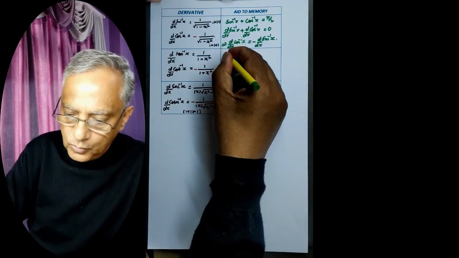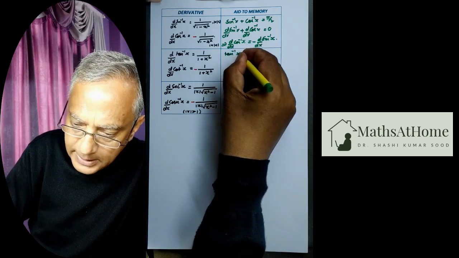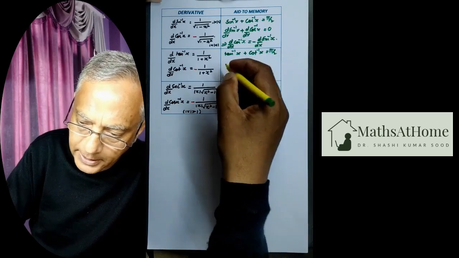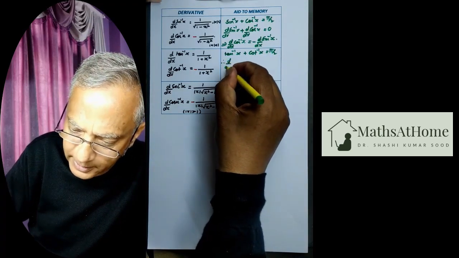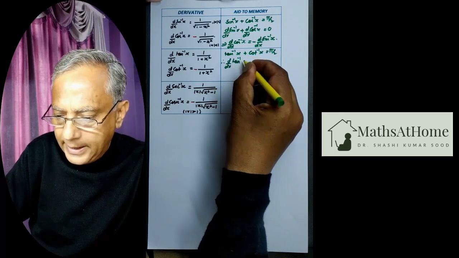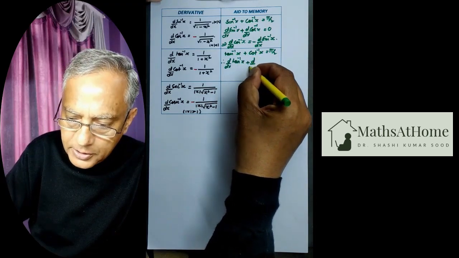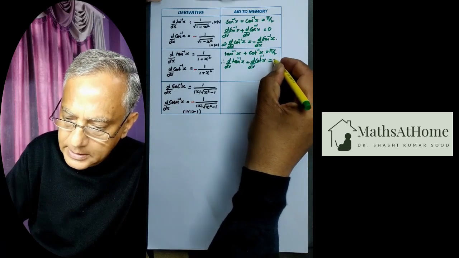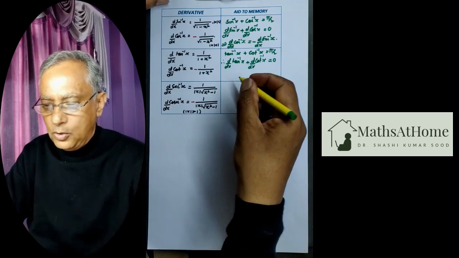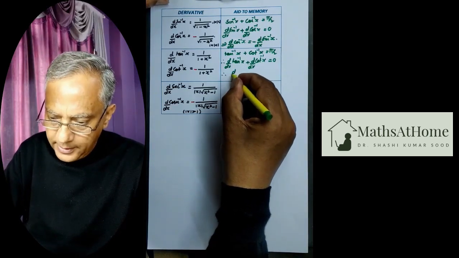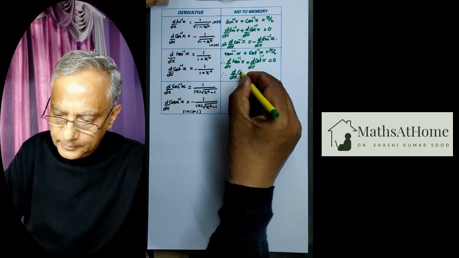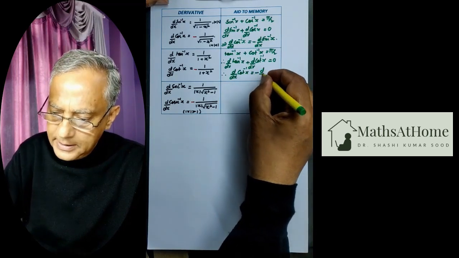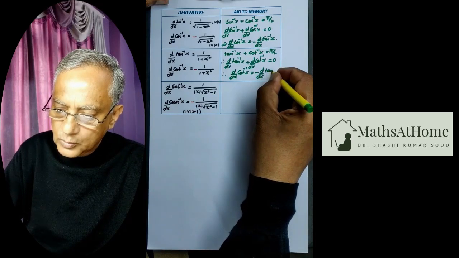And similarly, tan inverse x plus cot inverse x is pi by 2, and therefore d by dx of tan inverse x plus d by dx of cot inverse x must be equal to 0, and therefore d by dx of cot inverse x is equal to minus d by dx of tan inverse x.